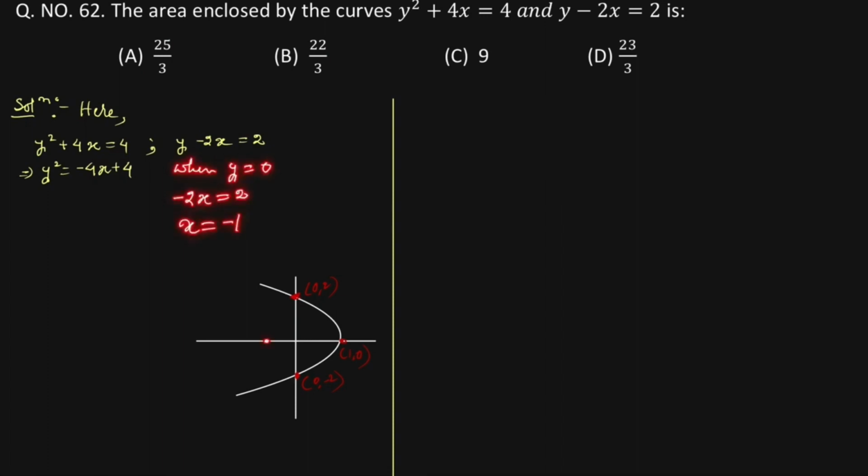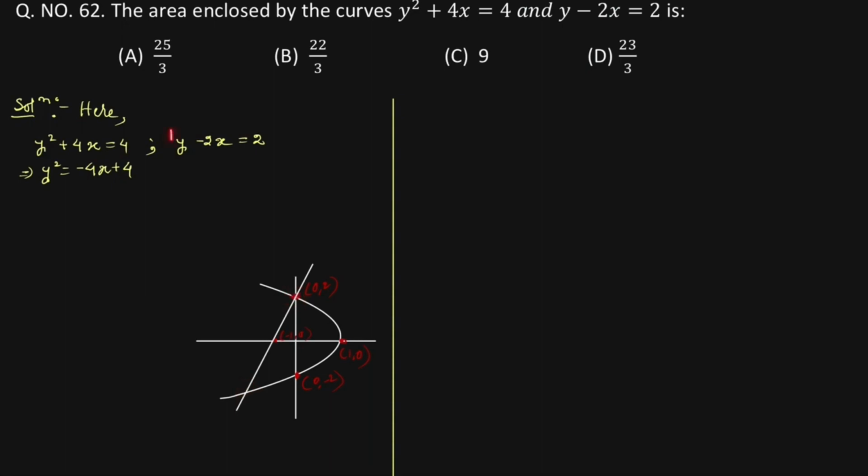So our line passes through 0, 2 and minus 1, 0. Now we need the coordinates of the intersecting points of the line and curve.